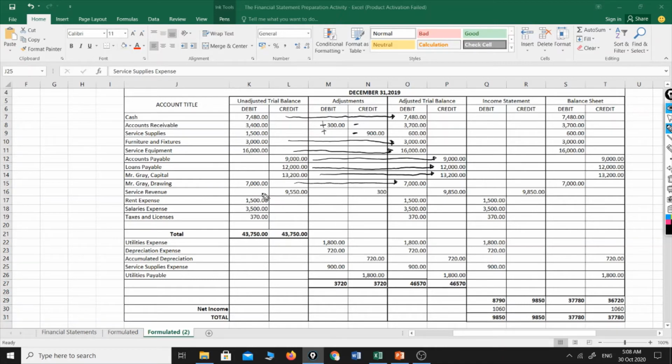Next is the service revenue. As you can see, it is a revenue, so its normal balance is credit, right? So if it is credited, it means an addition to its amount.